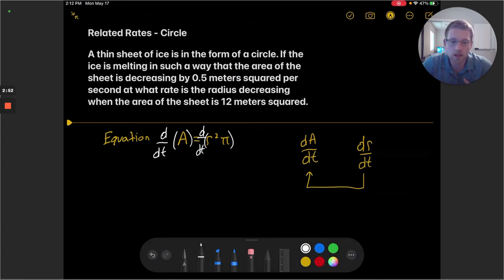So we're going to be using some implicit differentiation here on both sides. If I take the derivative with respect to t of the A variable, that's just going to give me dA/dt.